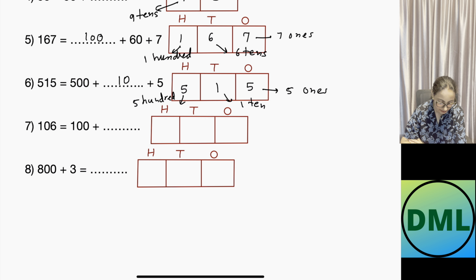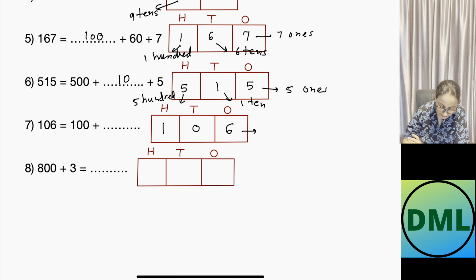Let's see the next question here. 106, which is written as 100 plus dash. I have to write down the missing number. Let's place them at the place value first. At the ones place, we have 6. Let's write down 6 here. At the tens place, we have 0. Let's write down 0 here. At the hundreds place, we have 1. Let's write down 1 here. This 6 will be written as 6 ones. This 0 will be written as 0 tens.